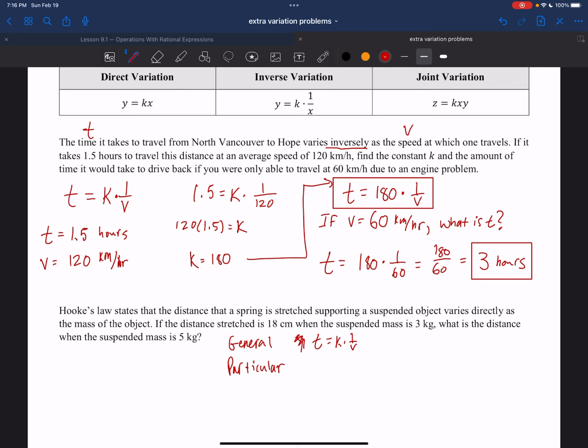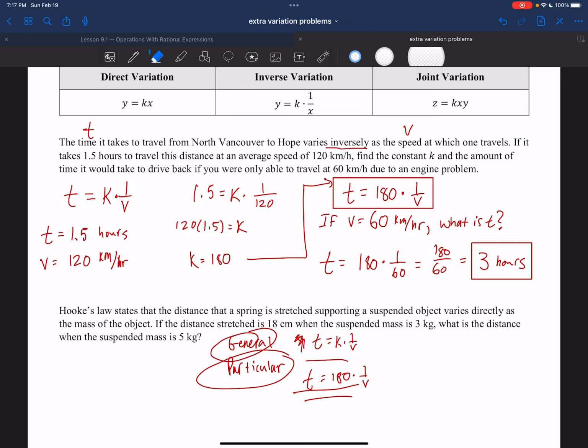So we would generally say that this is how you do these kinds of problems with time and velocity and blah, blah, blah. But for this particular problem, we found out that k was 180, so t equals 180 times 1 over v. So if you ever see this word particular, you want to figure out what k is. If you just see general, it's just what's the general equation without solving for k yet. All right?